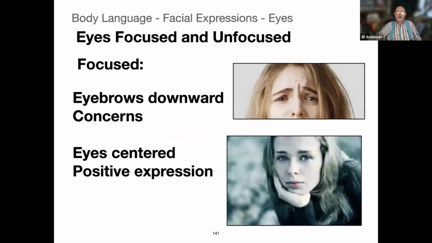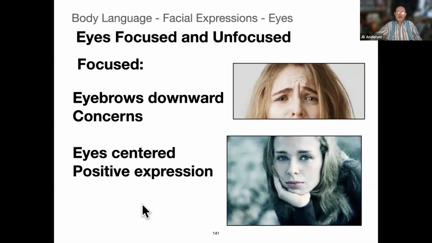Focused and unfocused. Okay, eyes focused. Generally, the eyebrows are turned downward and you're concerned about something. If the eyes are centered, such as in this bottom image here, that's a positive expression.